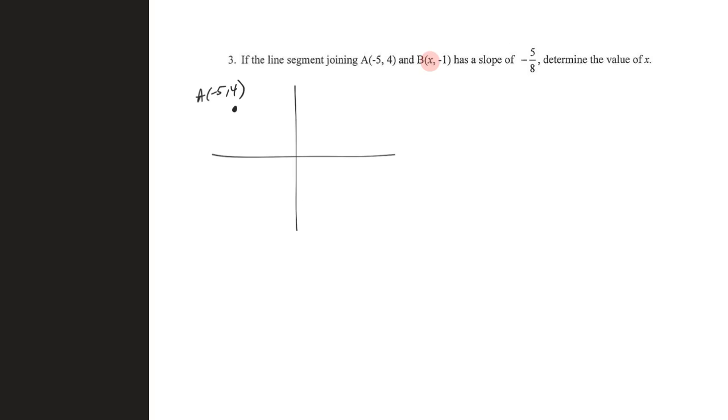It tells you then that you have a slope of negative 5/8. And so maybe then I could go down 5, because that's what that is as my rise, and across 8, because that would be my run.